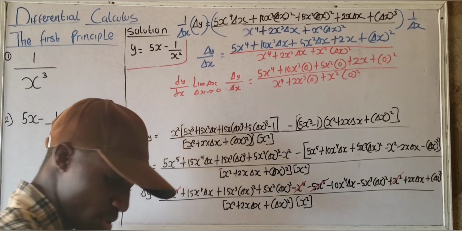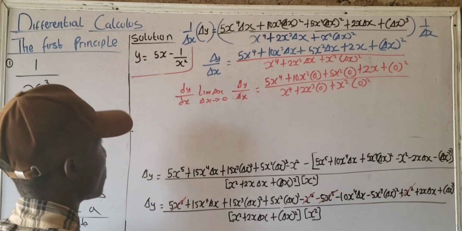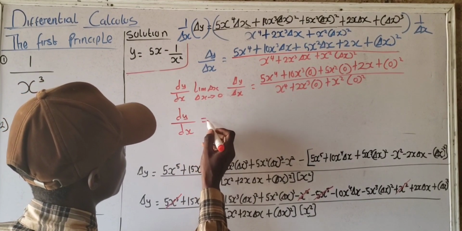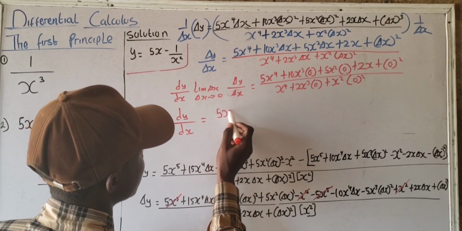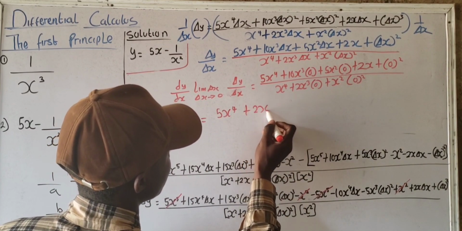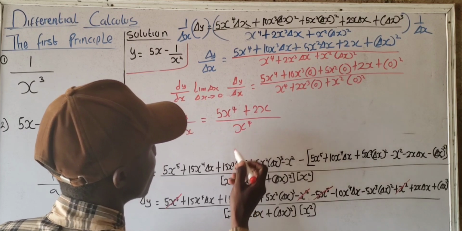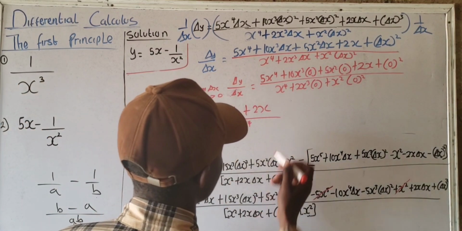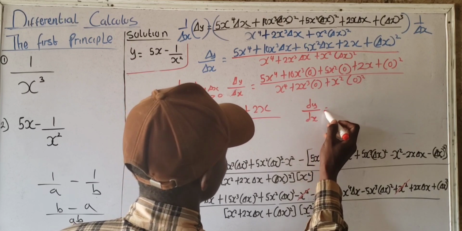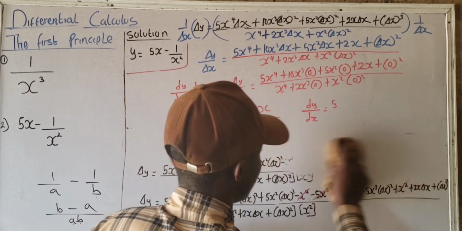Okay, now, so for this, we're going to have dy all over dx is equals to 5x raised to the power of 4 plus 2x all over x raised to the power of 4. Okay, and you can simplify it. Let us erase this.